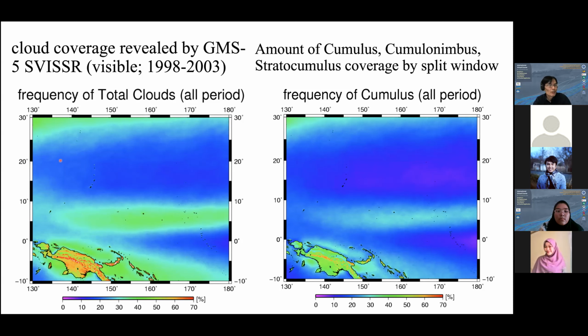The mid-latitude area, the Rossby wave area, is also relatively high. This is quite similar to the thermal infrared threshold method. Also, the spatial resolution of the visible wavelengths is improved compared with the thermal infrared.